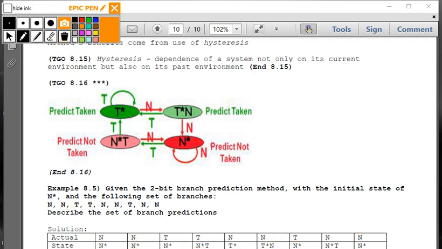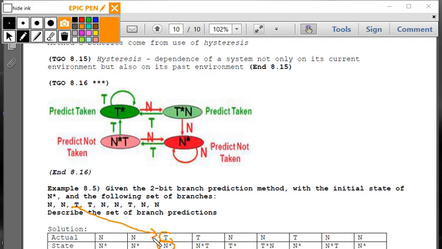And so we're at N*. Do we predict taken or not taken? For an N*, we predict not taken. But the third part here corresponds to this.